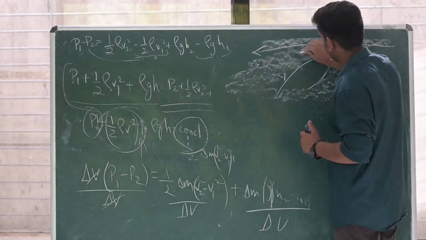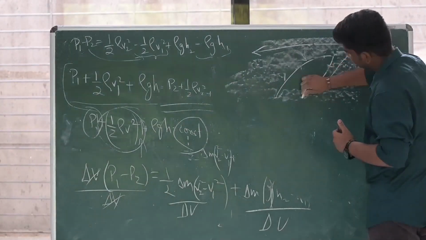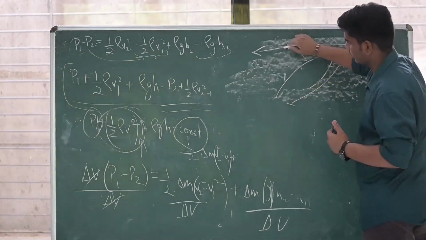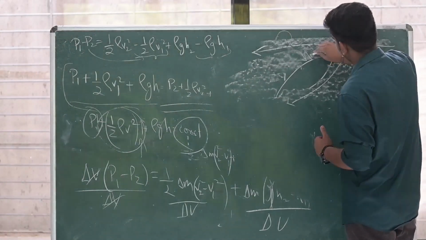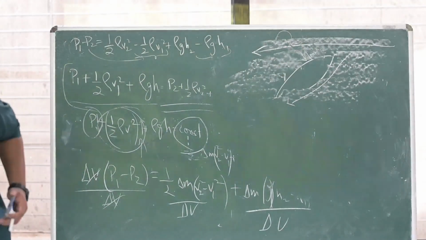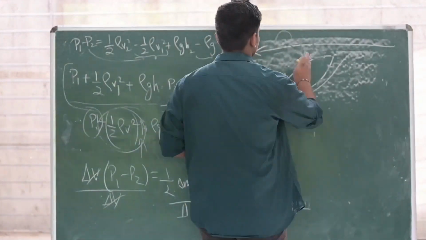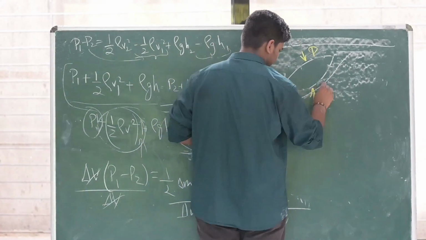Okay? So there will be low pressure. And here it will be slower compared to this one. Okay? So the above one is low pressure, and here it is high pressure.